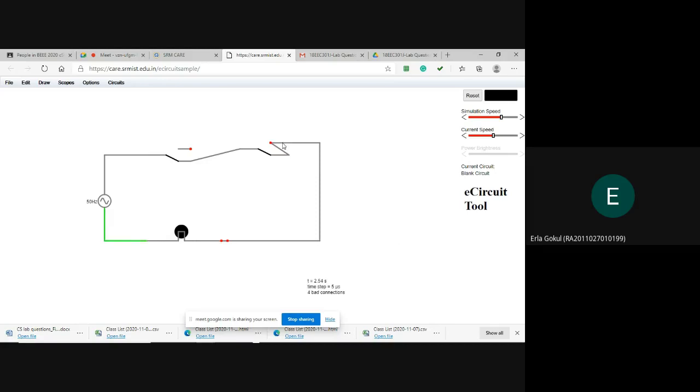There is a wrong connection, ma'am. Yeah, I know. The second switch should be right to left instead of left to right.